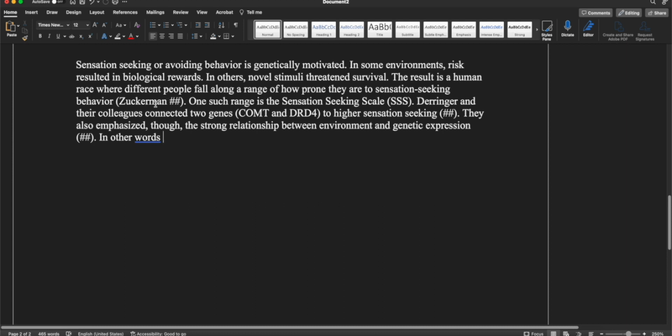We've got Zuckerman, we've got Derringer, we've got multiple page numbers for Derringer. So in other words, while genetics play a role in determining risk-seeking behavior, or what are we saying? We're saying sensation-seeking behavior?